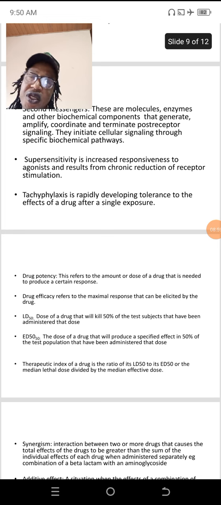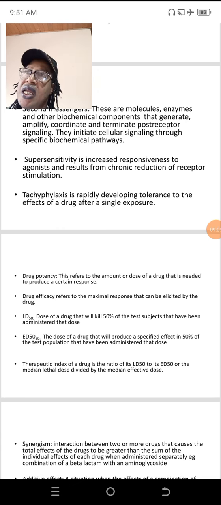Efficacy dose 50, on the other hand, is the dose of a drug that will produce a specified effect in 50% of the test population that have been administered that dose.